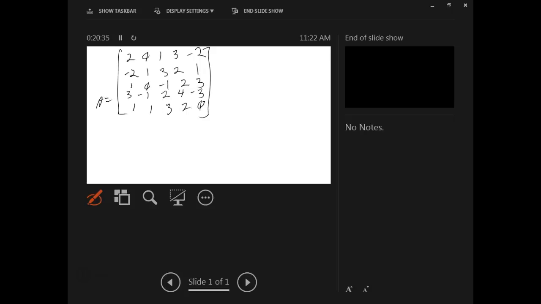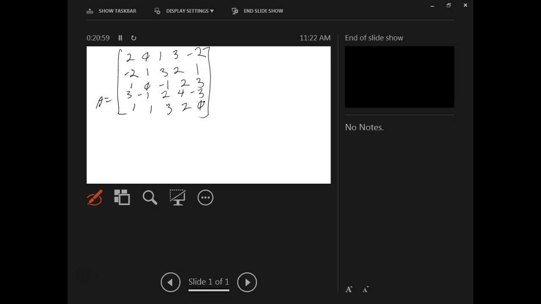If a 5 by 5 wasn't bad news enough, the next bit of bad news is there are only 3 zeros in the entire matrix. The good news is, look where they are: 2 of them are in the second column. And look at the other numbers in the second column: a 1, a negative 1, and a 1.